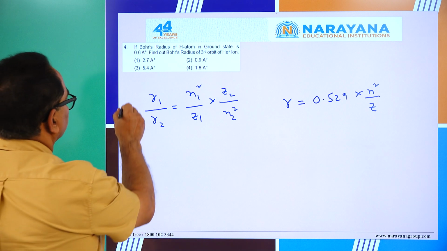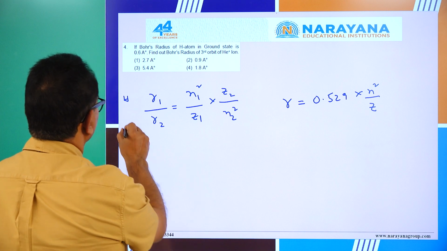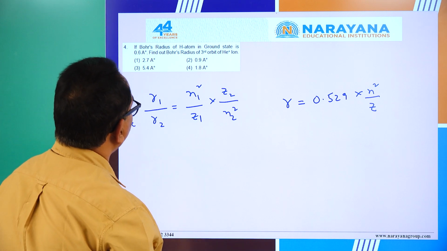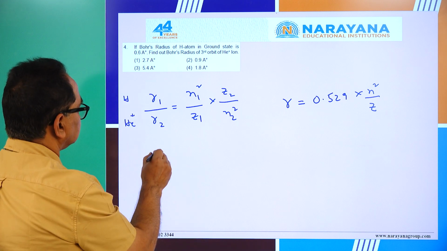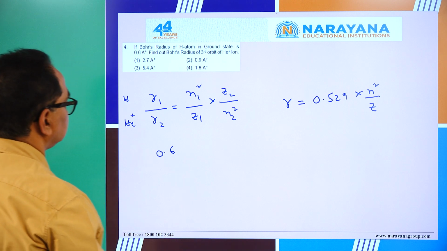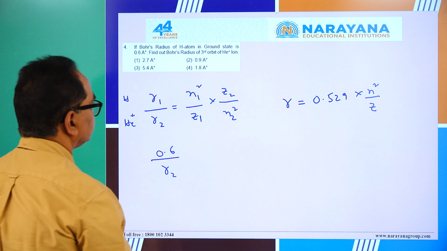See, this is for hydrogen R1, and for helium plus this is R2. For hydrogen, Bohr's radius is given, that is 0.6 angstrom, and we have to calculate R2.